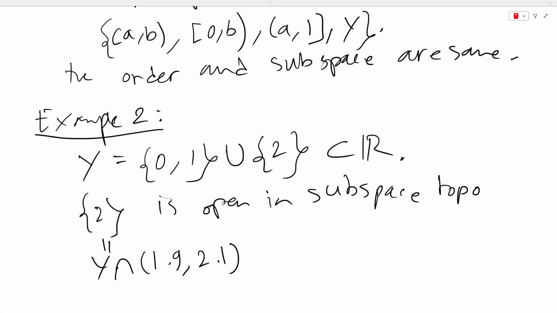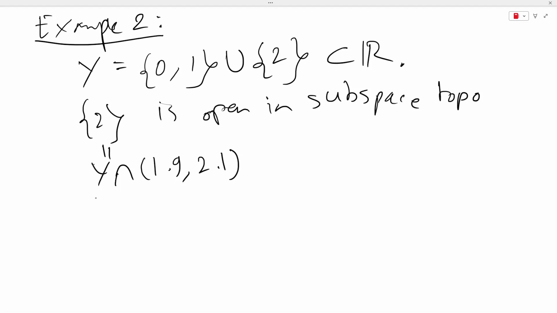But this is not open in the order topology.